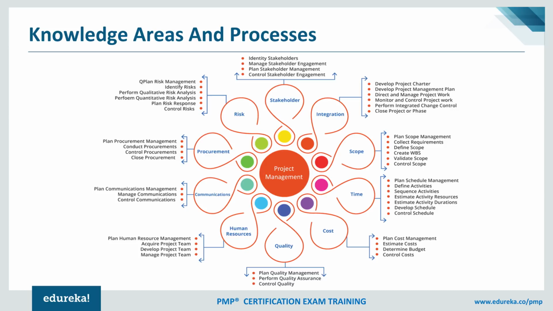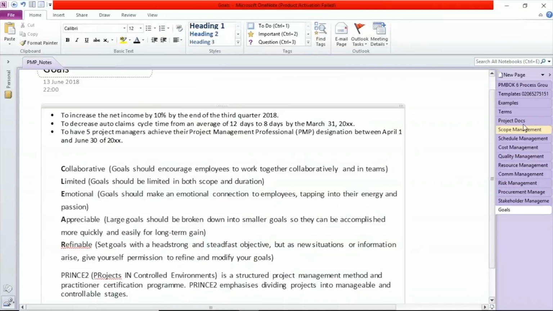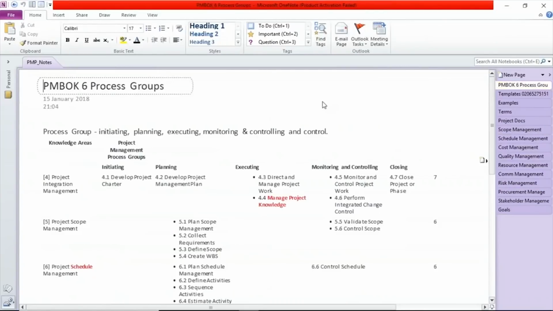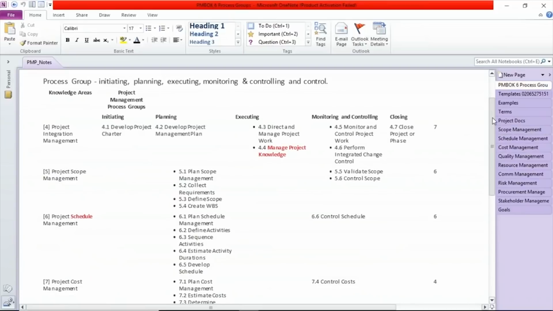And of course, there are process groups. So those process groups will be your initiating, planning, executing, monitoring and controlling, and closing. So these are the process groups, and all these knowledge areas and processes are going to be a part of these process groups. So maybe I would like to just very quickly show you this.